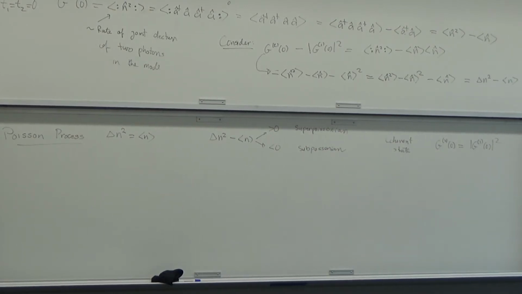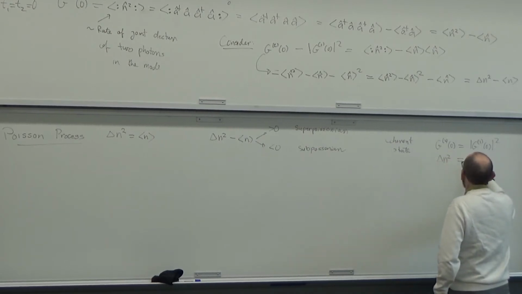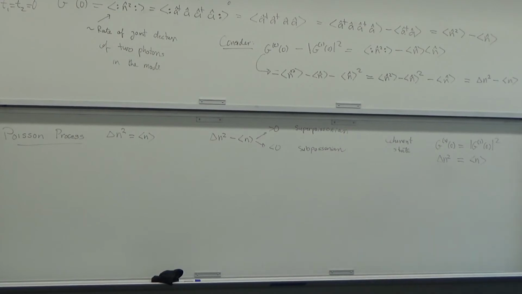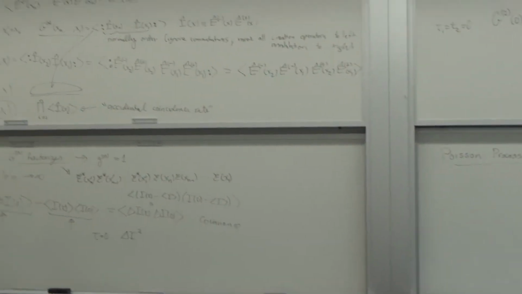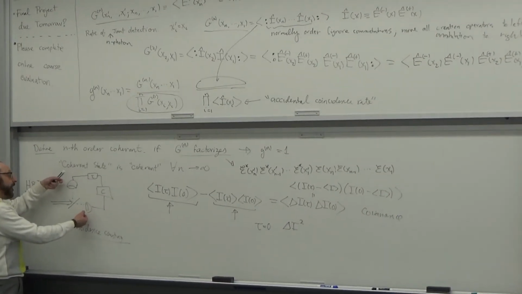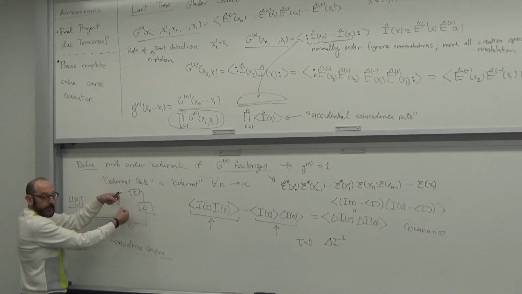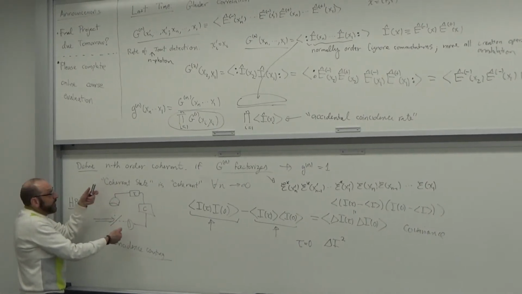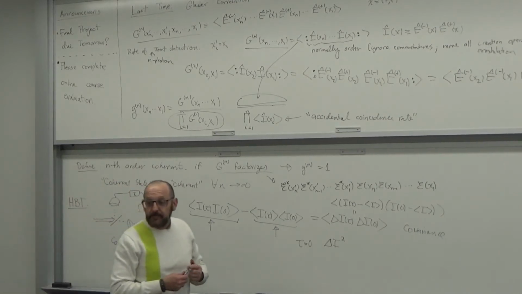And that is equivalent to saying that the fluctuation is equal to that. So, if I come back to this board, if I shined a laser on this, I would find that the correlations between those photons is just equal to the product of the expected values on each side because they are uncorrelated Poissonian events.